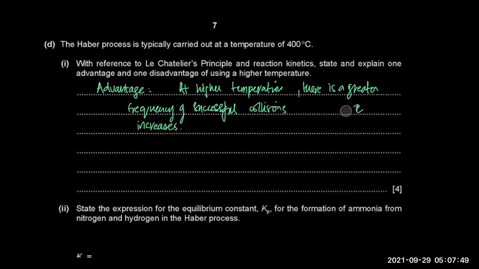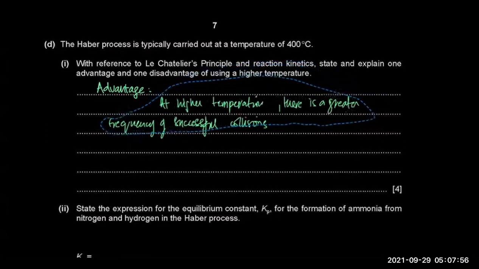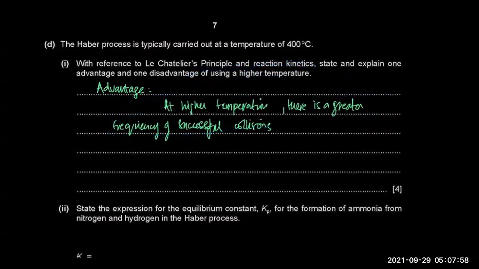Honestly, the simple way to answer this would be to say the advantage is that the rate increases, and then why: because at higher temperatures there's a greater chance of successful collision. So 1 mark is for the increased rate, and 1 mark is for the explanation.